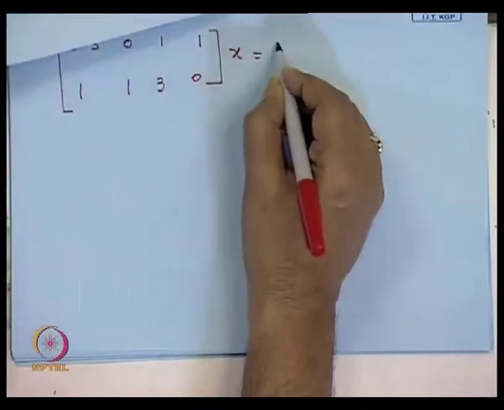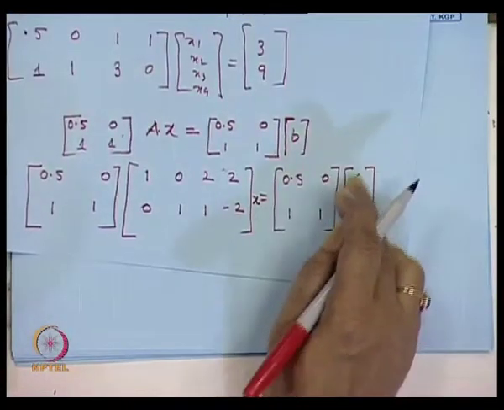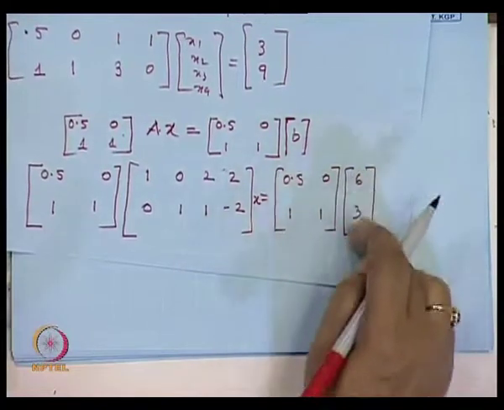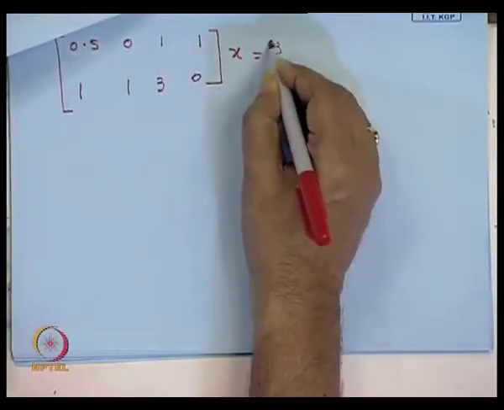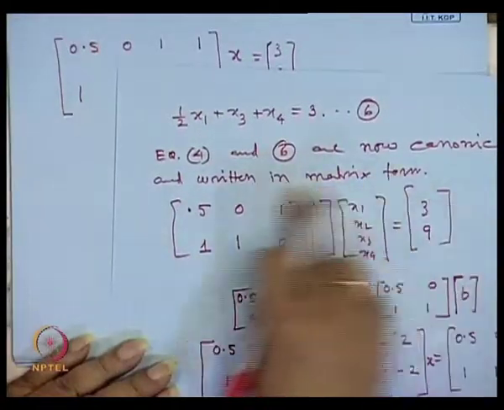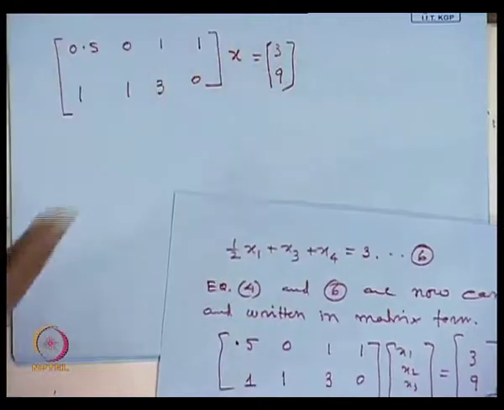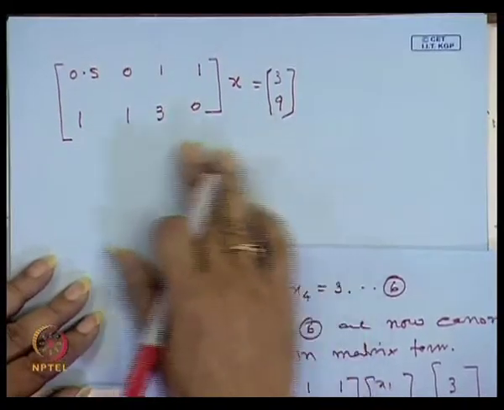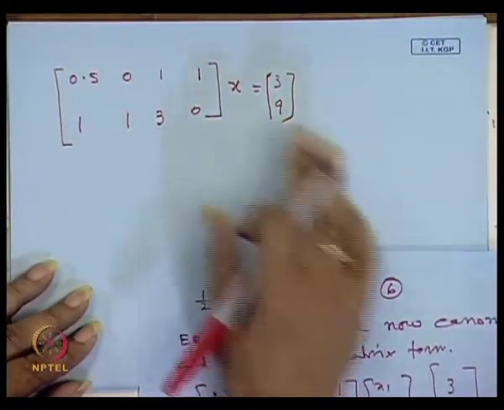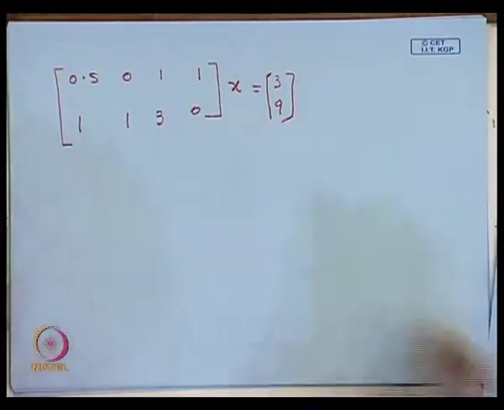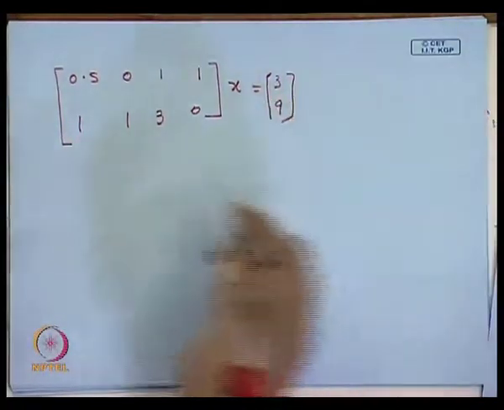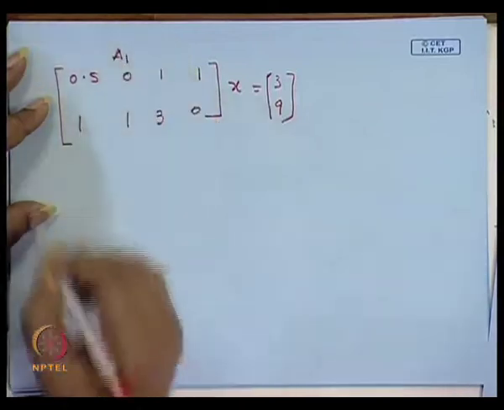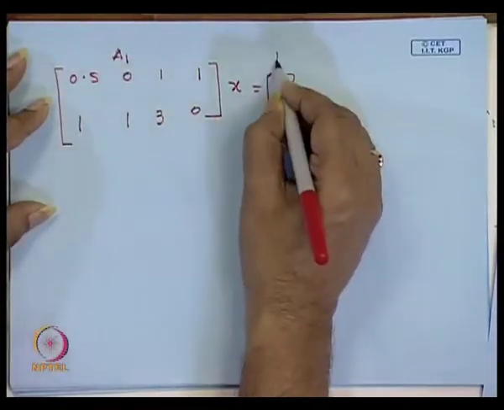So, this is coming 3, this into this are added means 9. And exactly you see what I got here, I can do with matrix operation now, in this way. So, after doing this, now our matrix is changed: this is A 1, this is B 1.